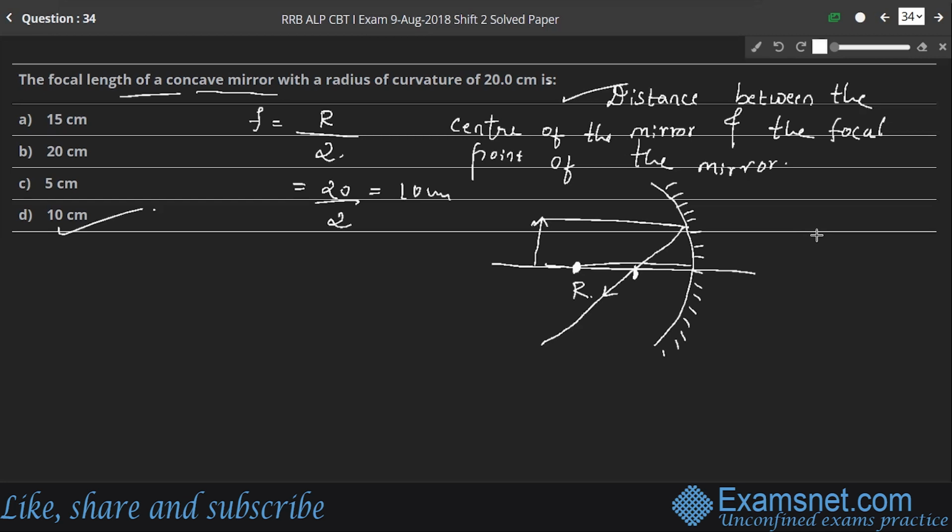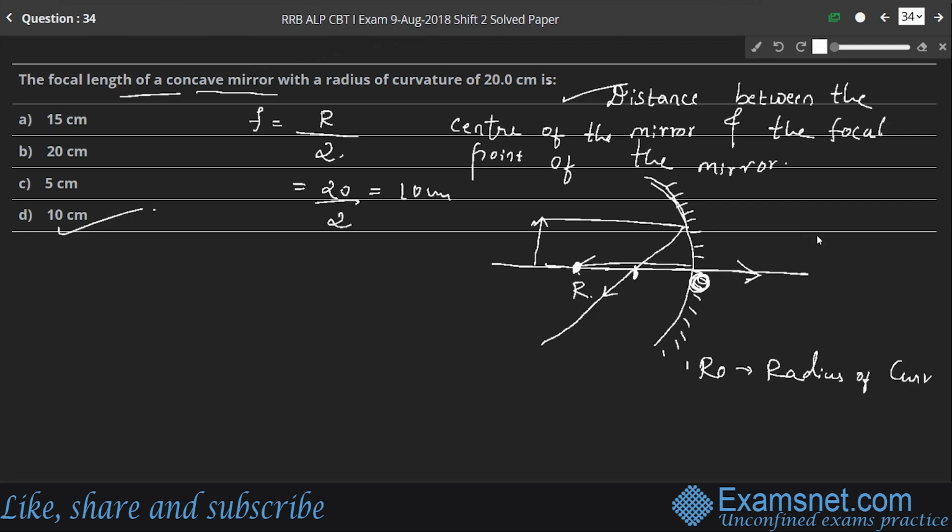So what is radius of curvature? It is the radius of the mirror itself, from the point from which we have drawn the mirror, or the arc. This point is R, and let the point of contact of this ray of light to the mirror be O. RO is the radius of curvature.